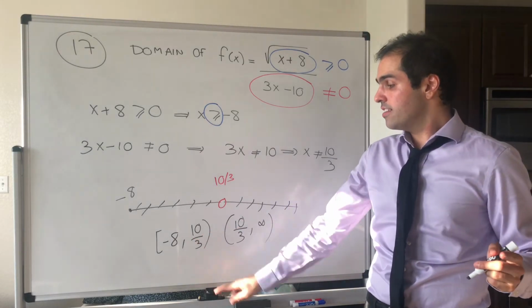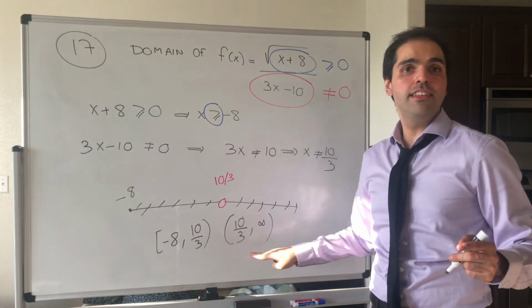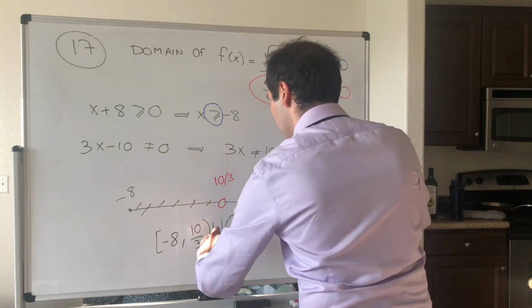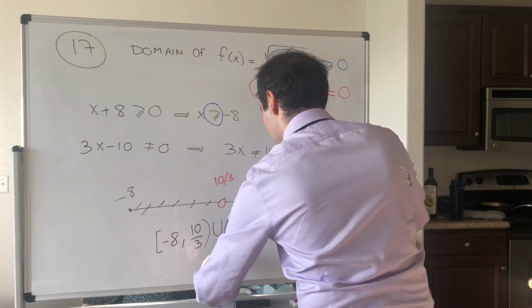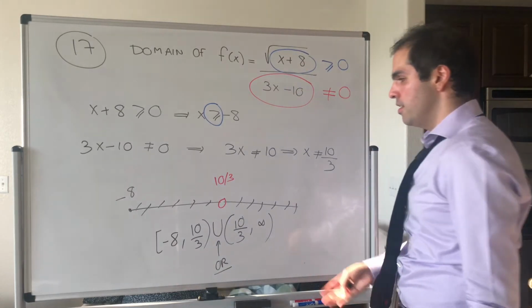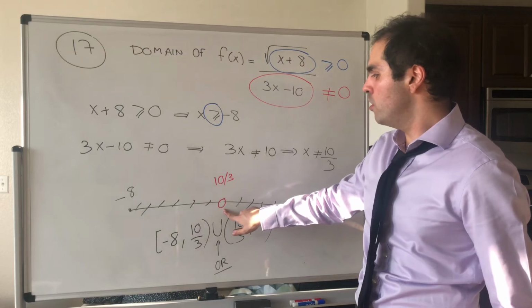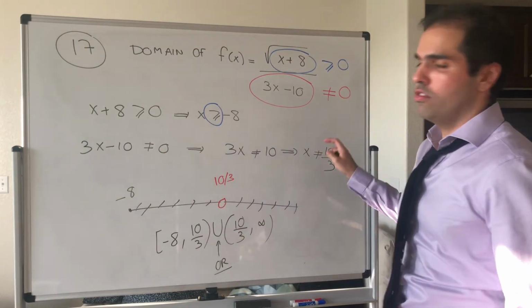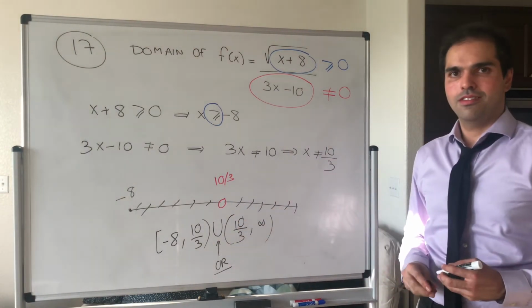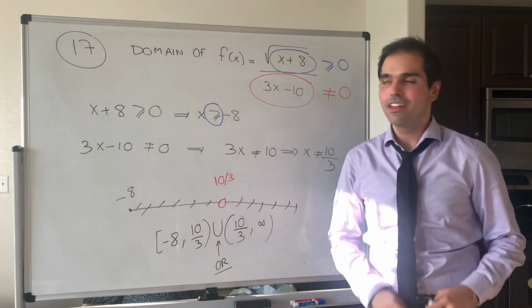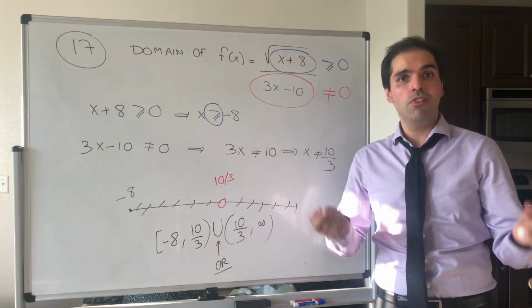And the question is, how do you say this piece or this piece? You write this little U. U means or. So that's the domain. All the numbers from minus 8 to 10/3 or 10/3 to infinity. So that's the domain. Okay? Again, U means or. All right, let's move on with a similar exercise.